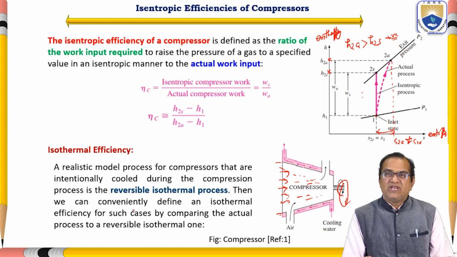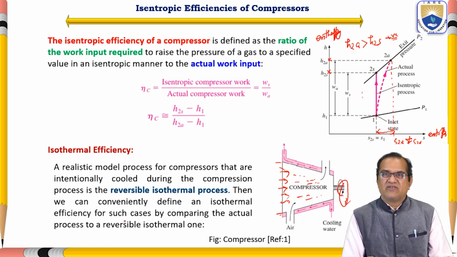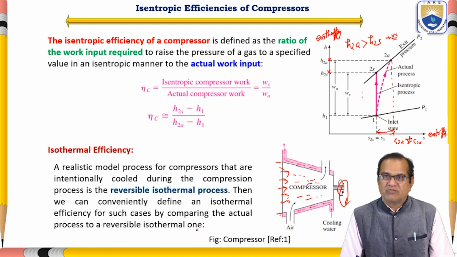Then we can conveniently define an isothermal efficiency for such cases by comparing the actual process to a reversible isothermal one.